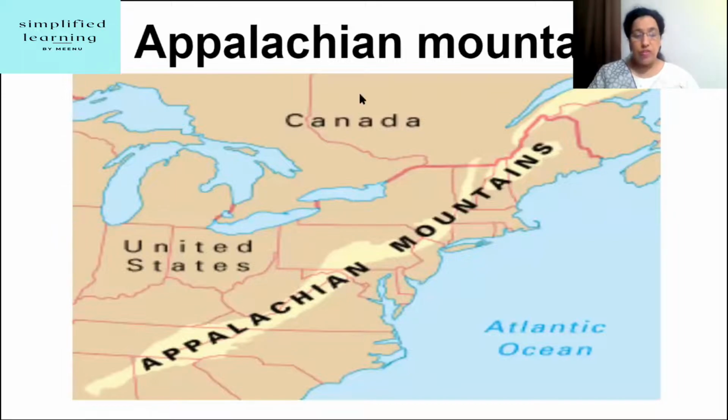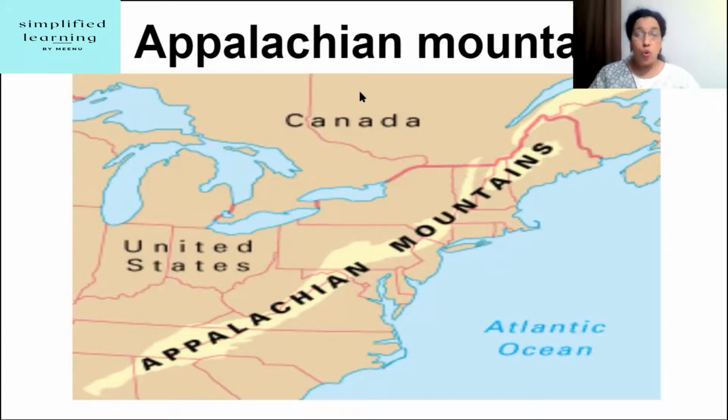Compared to the Western Cordilleras, the Appalachian Mountains or Eastern Highlands are lower. They lie parallel to the eastern margin of the continent. You can easily see, to the east we have Atlantic Ocean. The Appalachians are old fold mountains and were once higher than the Rockies. You can easily relate Appalachian Mountains and Rocky Mountains to the fold mountains of India. Rocky Mountains resemble Himalayas as both are young fold mountains.